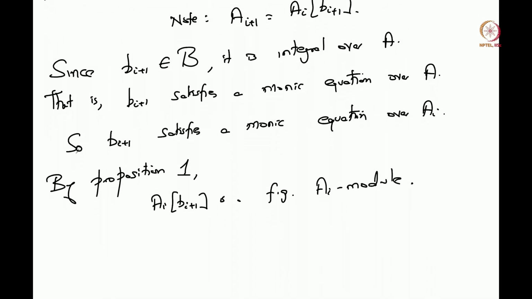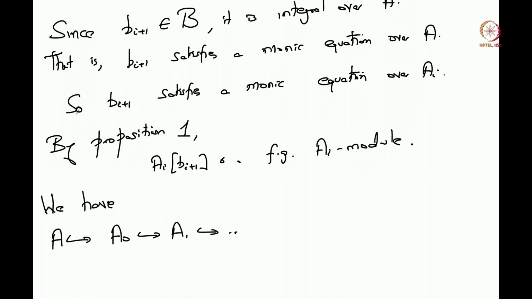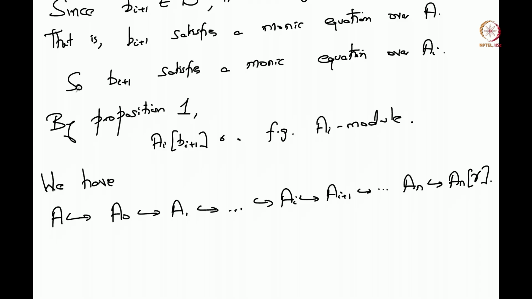Okay, so again we have a sequence of inclusions, A inside A_0, inside A_1, so on and so forth, A_i inside A_{i+1}, so on and so forth up to A_n, inside A_n adjoin gamma, where this A_0 is A adjoin b_0, A_1 is A_0 adjoin b_1, and so on and so forth. A_{i+1} is in fact A_i adjoin b_{i+1}.